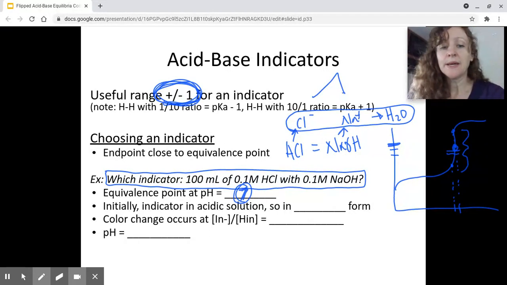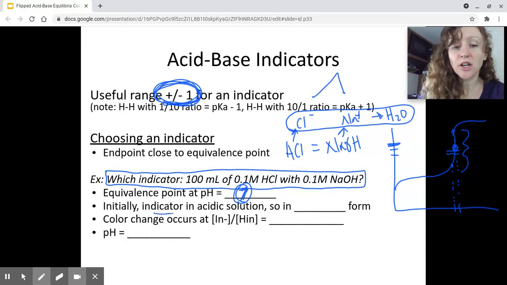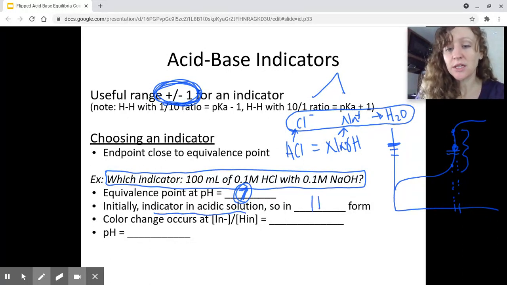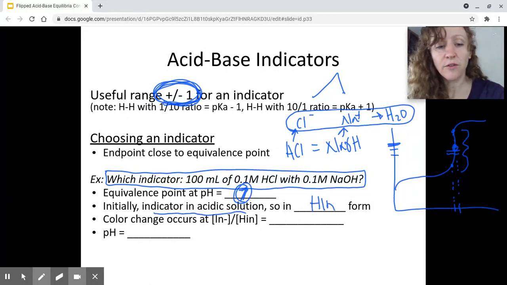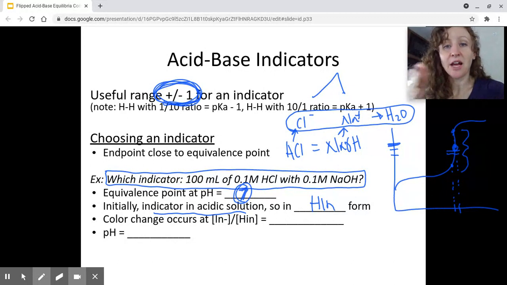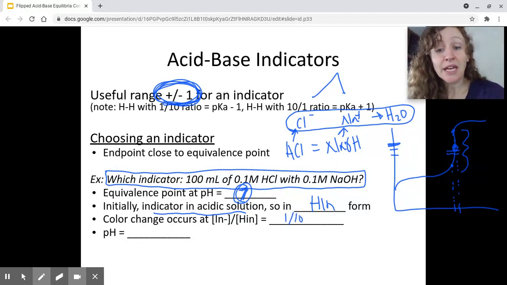This doesn't always happen. Remember, it only happens because of what is present when our acid is equal to our base. If either of these ions was a weak acid or a weak base, then that pH would not be 7 anymore. All right, initially the indicator starts in acidic solution, so we're going to be in the HIn form. The color change occurs when we build up enough of that conjugate base, so it's going to be a ratio of 1 to 10. And so what pH do we want our endpoint to occur at?